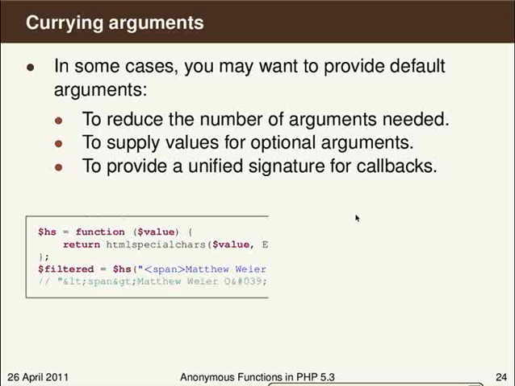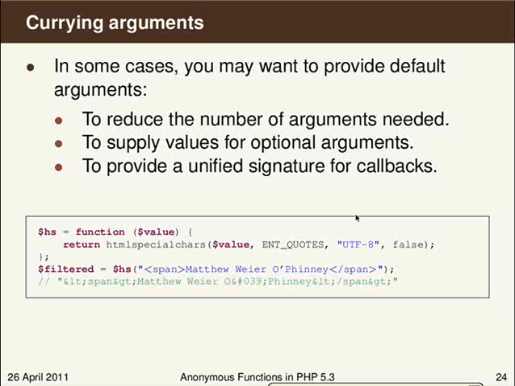So as an example here, htmlspecialchars is one of those where usually we know what the last 3 arguments should be for our given application. And all we really worry about is the actual value. So I'm defining a variable $hs, short for htmlspecialchars, and its value is going to be, in this particular case, an anonymous function.